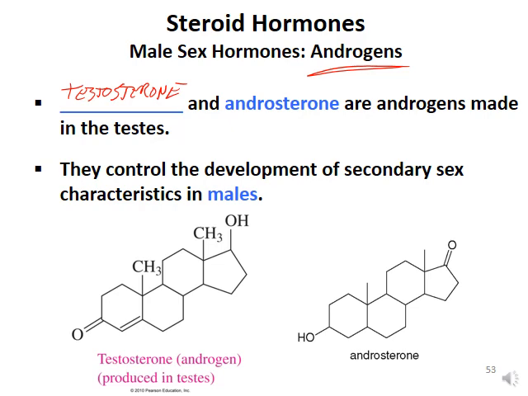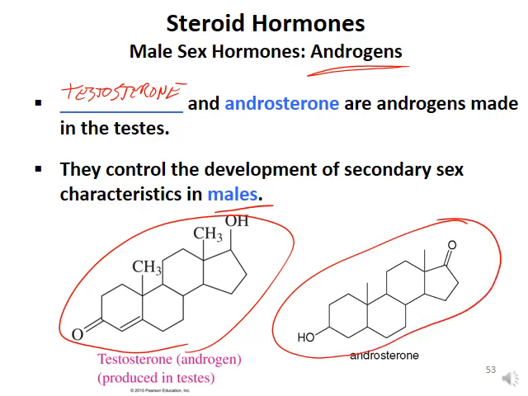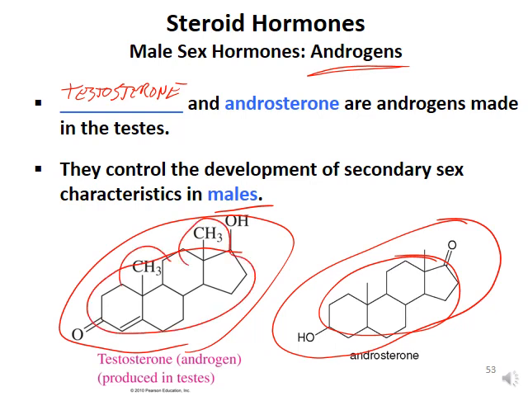So androsterone are androgens that are made in the testes, and they control the development of the secondary sex characteristics in males. There's what testosterone looks like, and there's androsterone. Again, the steroid backbone. Good.